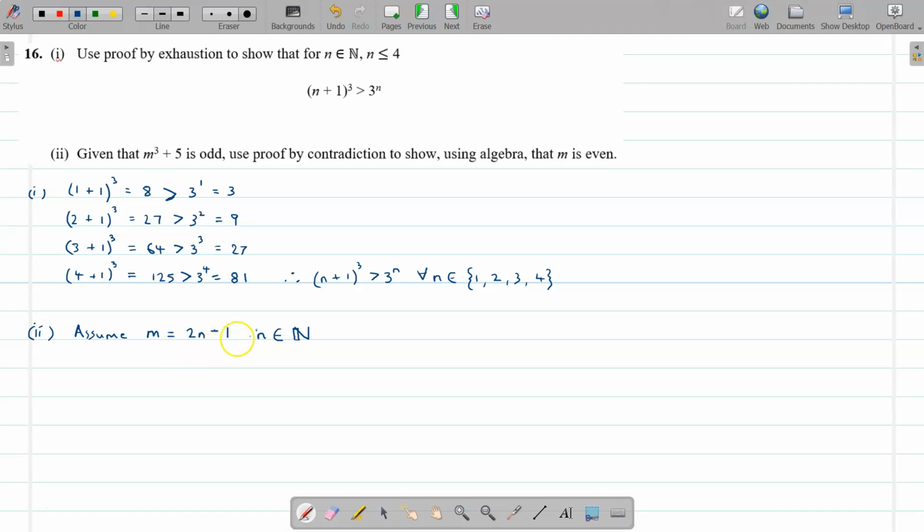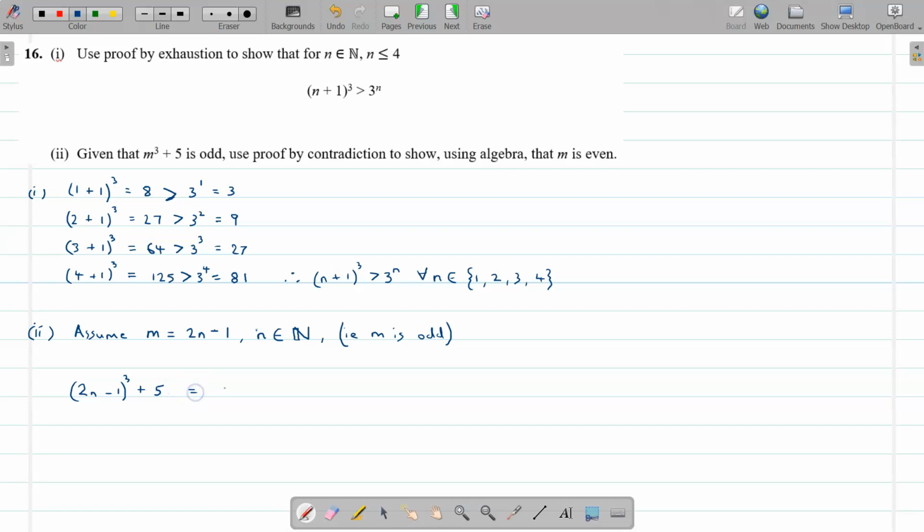Assume that m equals 2n minus 1. In other words, i.e. m is odd. So that's what we're assuming. Okay, so let's process it. So we're going to do m cubed, so 2n minus 1 cubed, plus the 5.